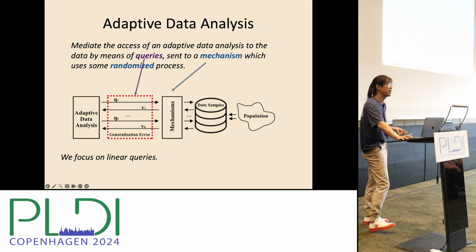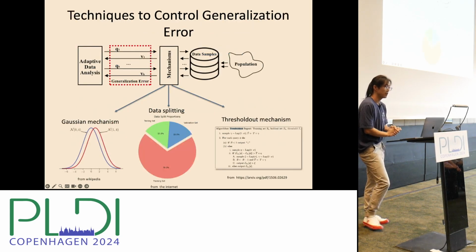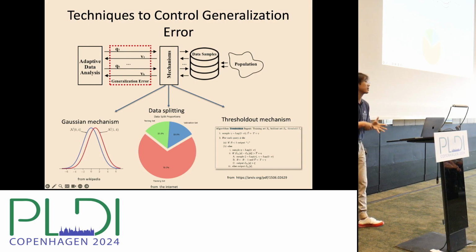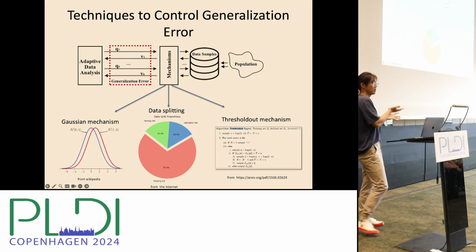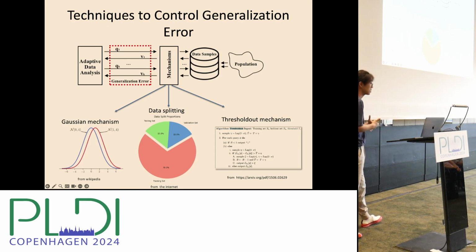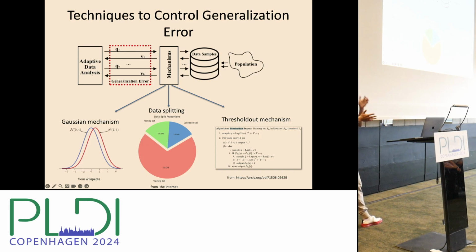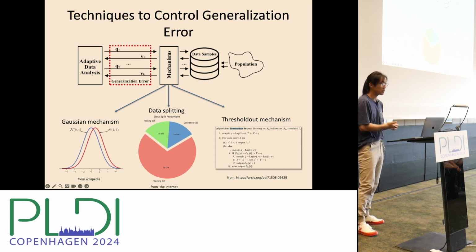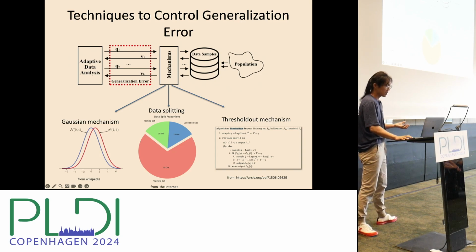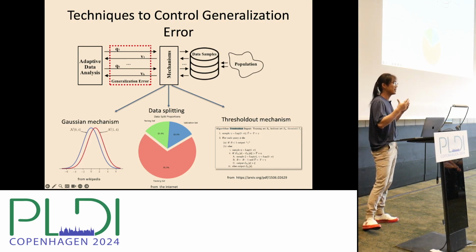There are some mechanisms we can choose: for example, Gaussian mechanisms that add Gaussian noise to the query result, data splitting mechanisms that split the data into different pieces, and threshold mechanisms that set a threshold for different queries. Naturally, we want to see, for a data analysis, what is the better mechanism to use?